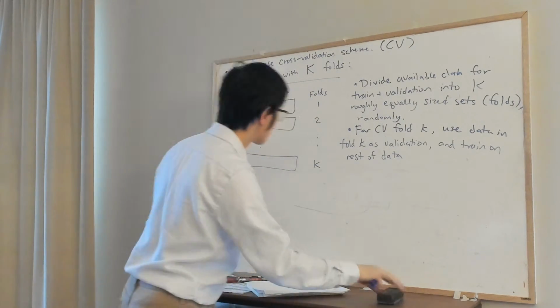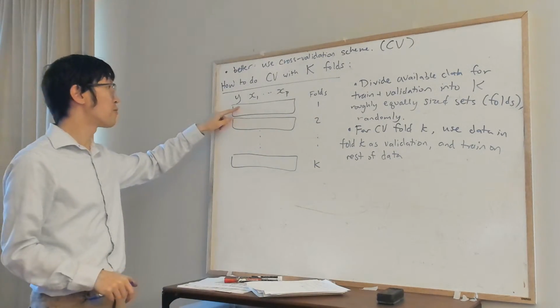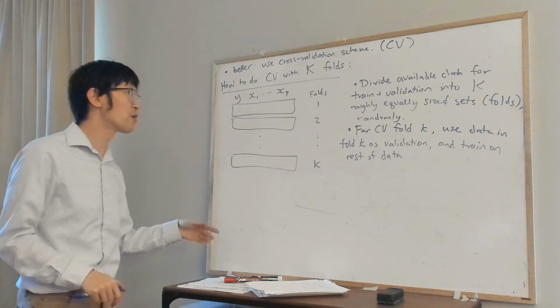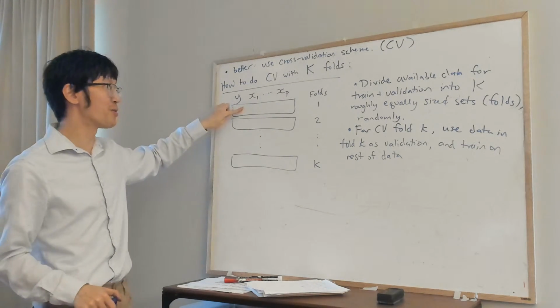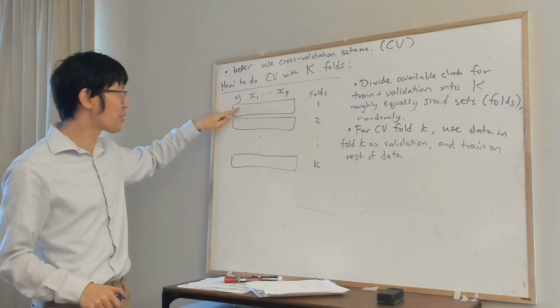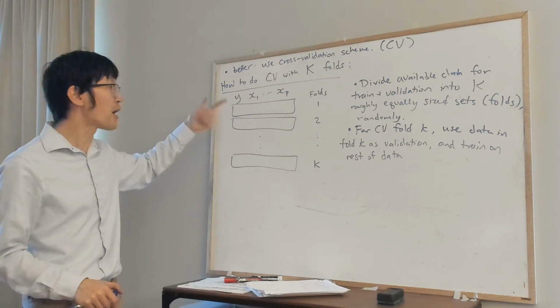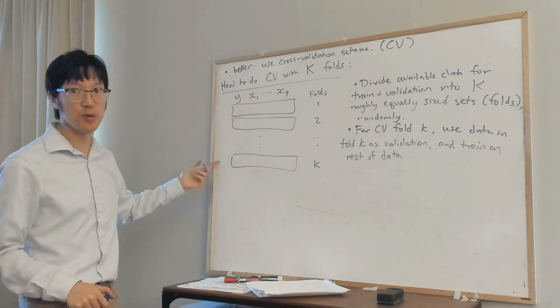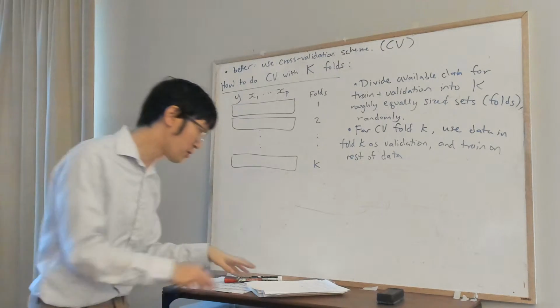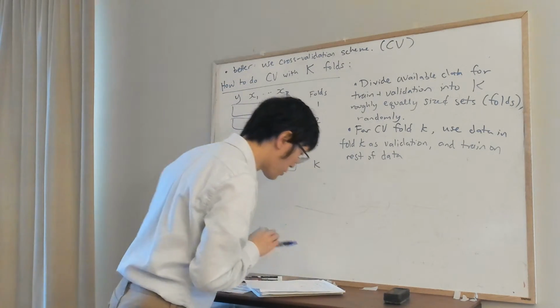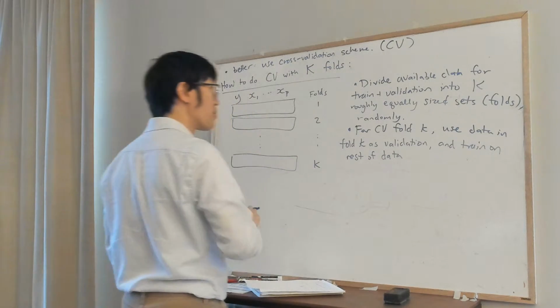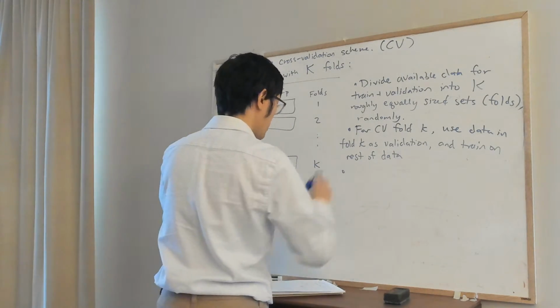We have limited data, but eventually we'll have used all the data at some point for fitting models, and we'll also have used everything in our data set as validation data at one point or another through the process. Okay, and so let's continue the discussion.